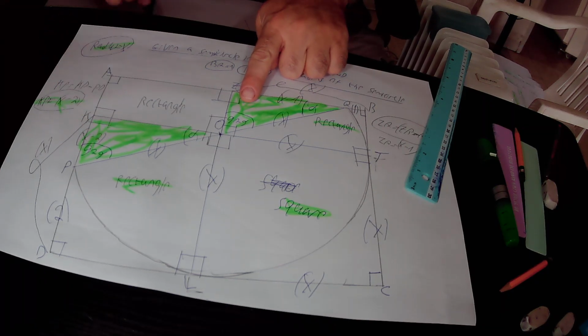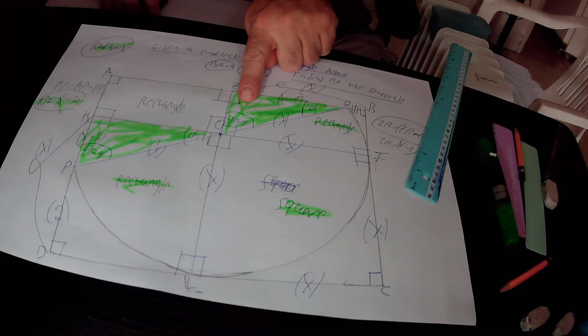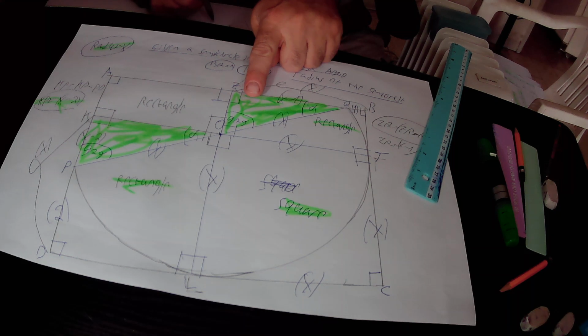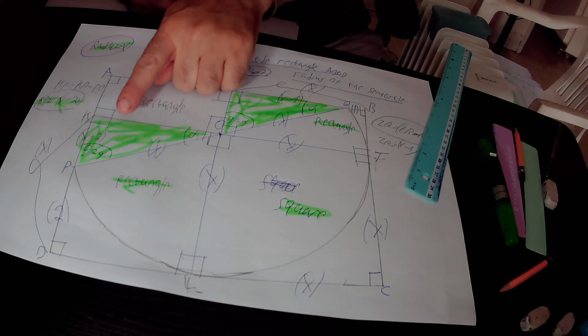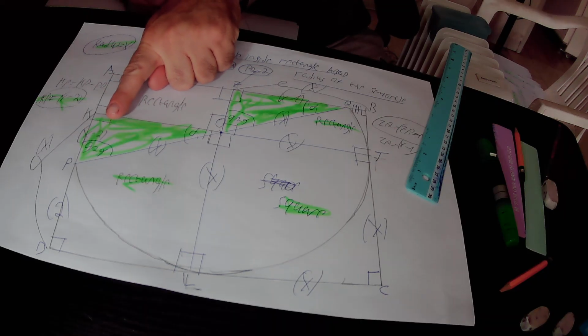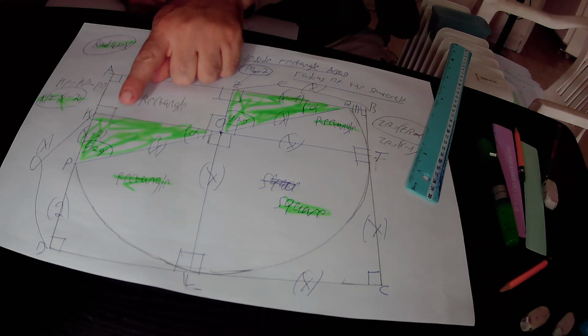So actually, this is angle ZQO in the right upper green triangle ZQO, and this is equal to this angle, which is actually angle OPK in the right green lower triangle KPO.